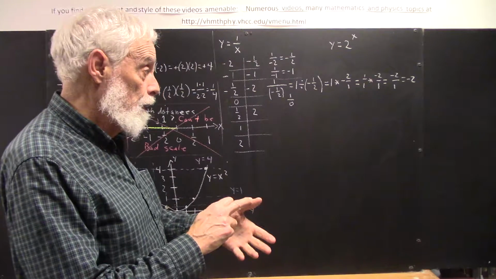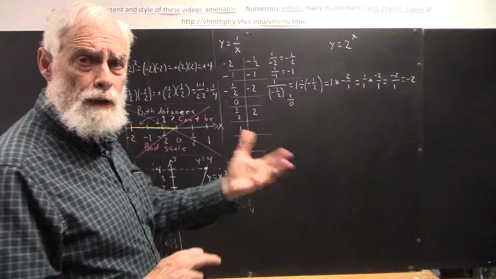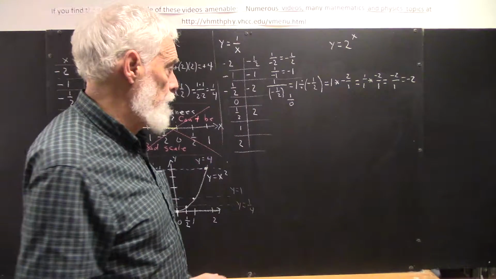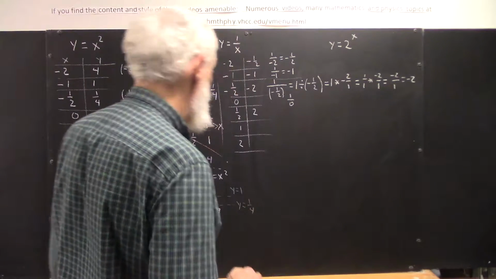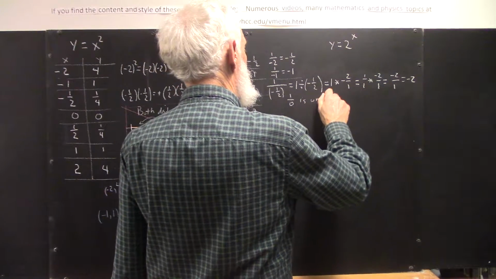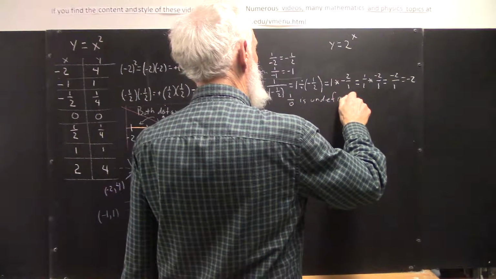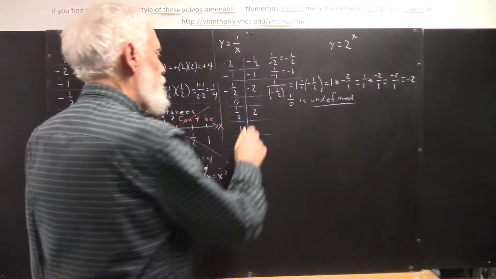Okay, we got 0, and then another 0 gives us 0, another 0 gives us, oh, gee, we're not getting anywhere. And we never do get anywhere. We cannot count to 1 by zeros. So 1 over 0 is undefined.